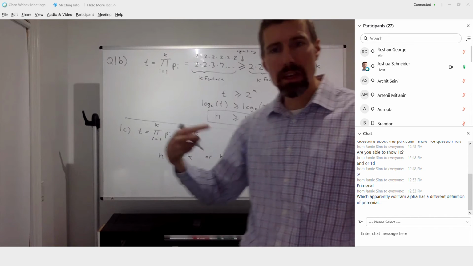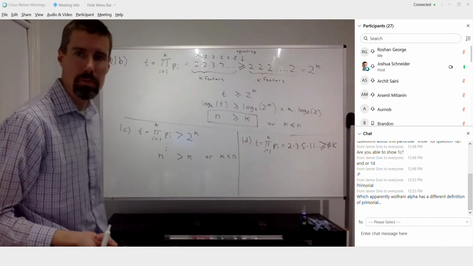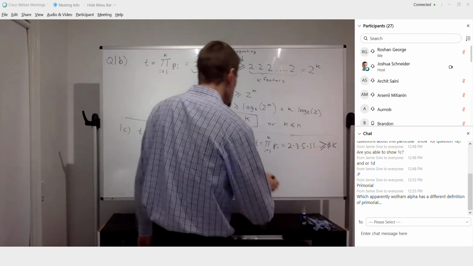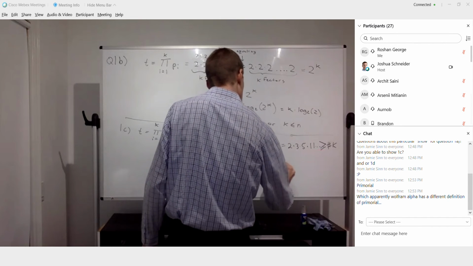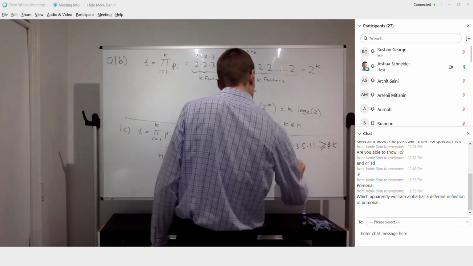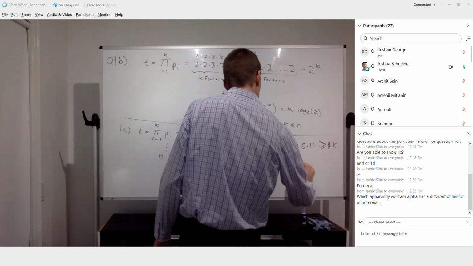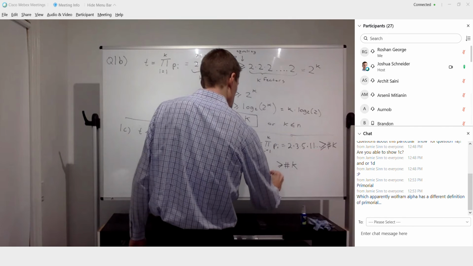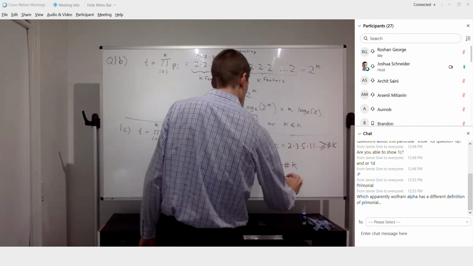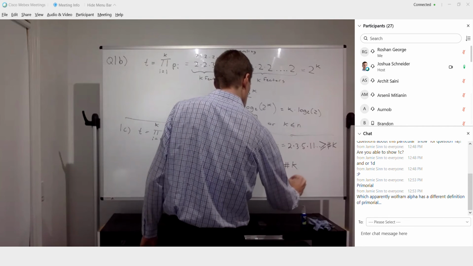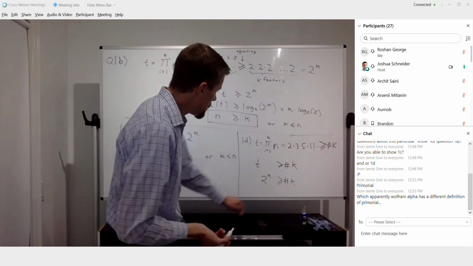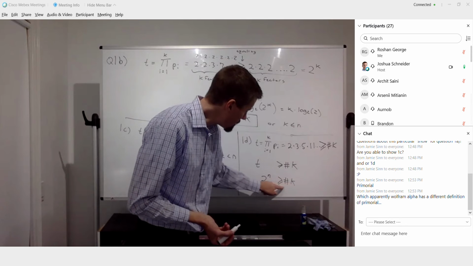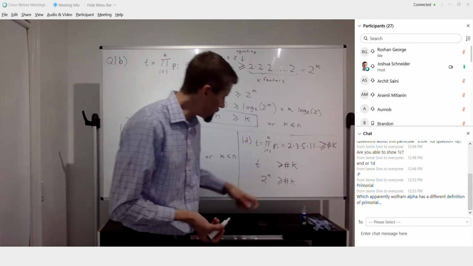It has to take them in the order that they appear. So once you have that, you've established that t is greater than or equal to the primorial of k. And don't forget what t is. T is just 2 to the n. 2 to the n is greater than or equal to the primorial of k. So if you have k factors, then you must have the criterion that the primorial of k is less than or equal to 2 to the n.